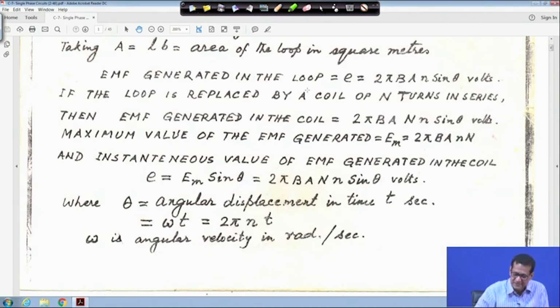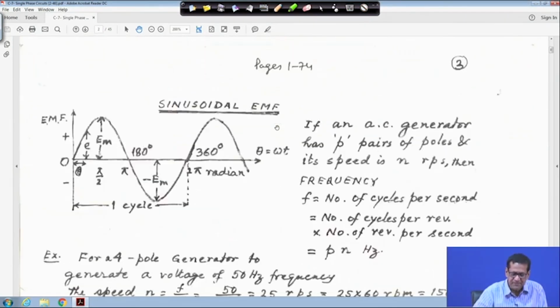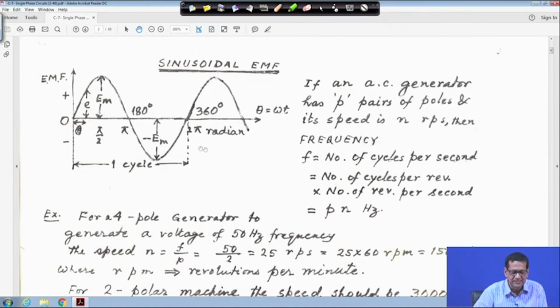So this is the sinusoidal EMF. We have to understand this a little bit from the beginning. That's why we have started from scratch rather than going to the phasor and others. First we have to do this, because complex numbers will be involved again and again here.